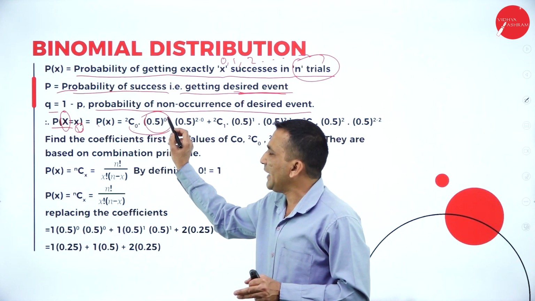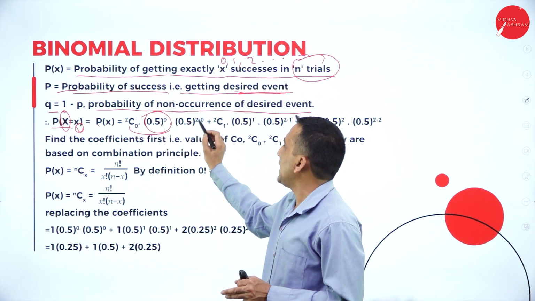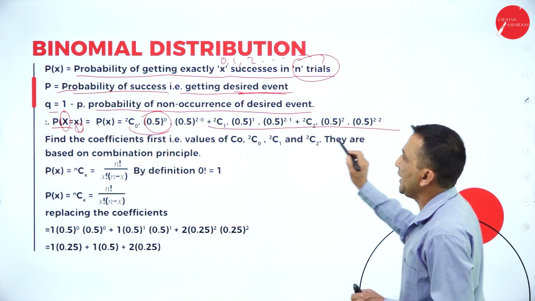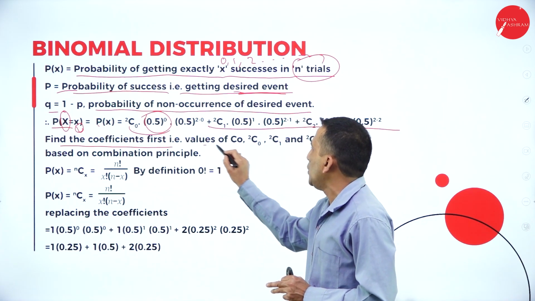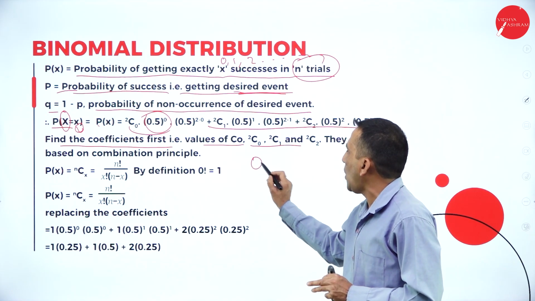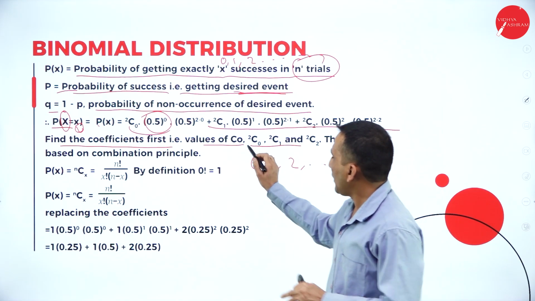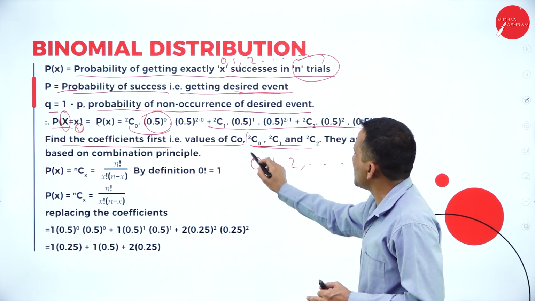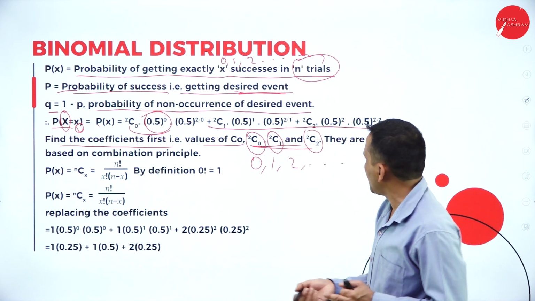So, X we are writing 0, into Q 0.5, n is 2 minus 0. So, the experiment will be extending till the end. Find the coefficient, the first value of the coefficient. The first value always in the coin is 0, 1, 2, like this, based on the number of coins. So, here the experiment values 0, 1 and 2, that is nothing but your coefficients.